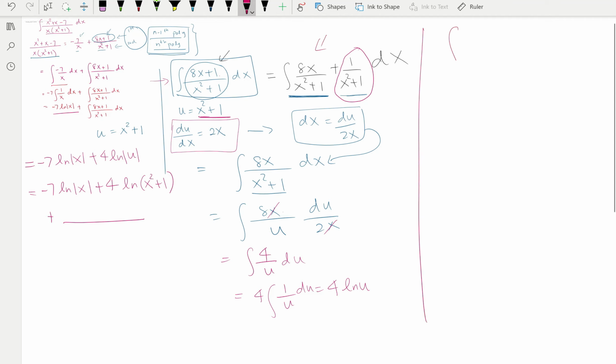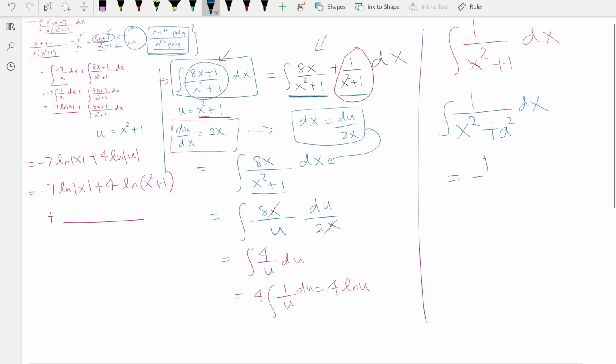So how do we integrate 1 over x square plus 1 with respect to x? Well, if you can remember, it's easy. There's a rule. The rule that we often need here is that if you have a function that looks like 1 over x square plus a square, the answer is 1 over a times tangent inverse x over a.